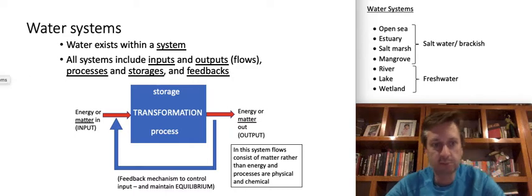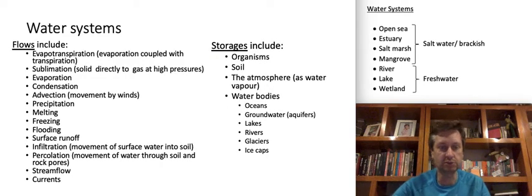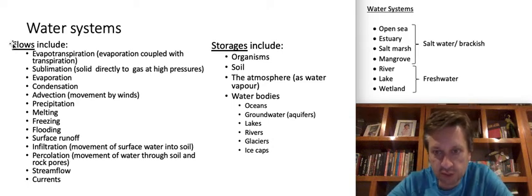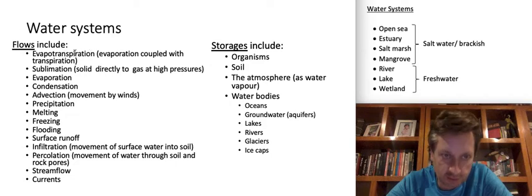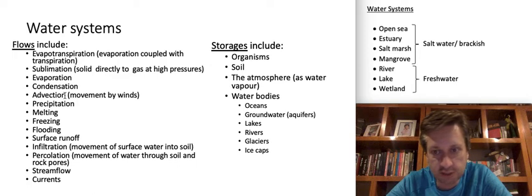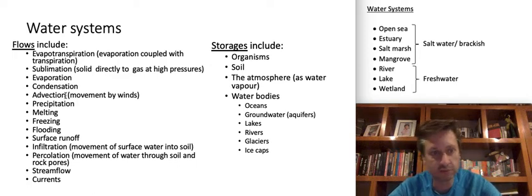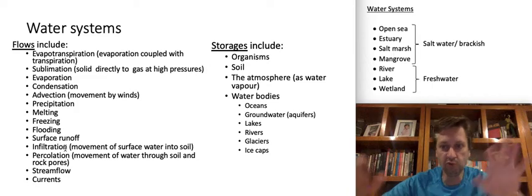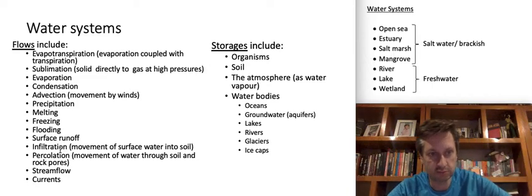Okay, and then just to complete this introduction to water systems, systems have flows and storages. The flows include transpiration, evaporation processes, condensation, precipitation, rainfall, movement along the surface, movement down through soil and rock, which we call infiltration and percolation, movement of streams and currents.